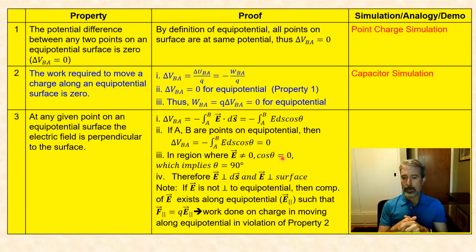That would imply that work would have to be done on the charge in moving it along the equipotential surface, but that would violate property 2.